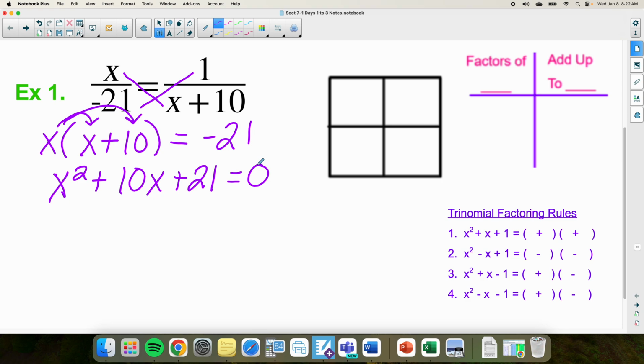Okay? Now, what factoring is, we're gonna break this down into 2 binomials. This is a trinomial because it has 3 terms. We're gonna break it into 2 binomials because then we can solve it, okay? So, like I said, this is probably different than what you learned in your algebra class last year.